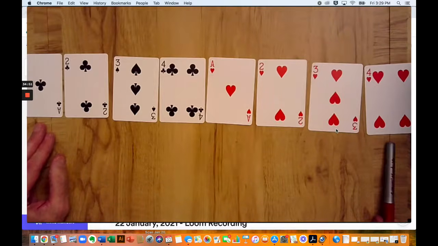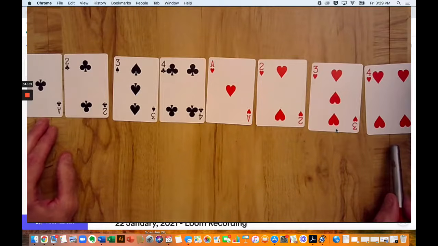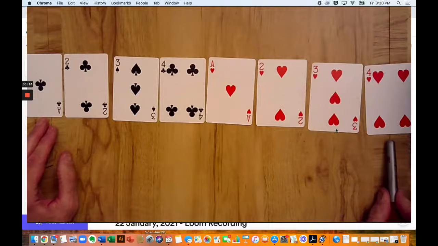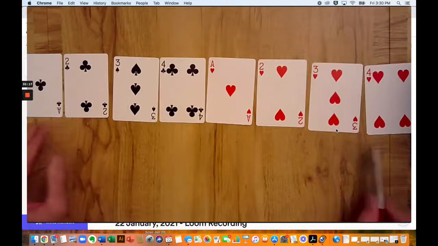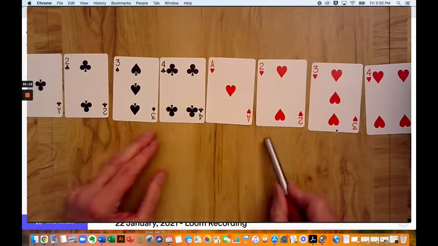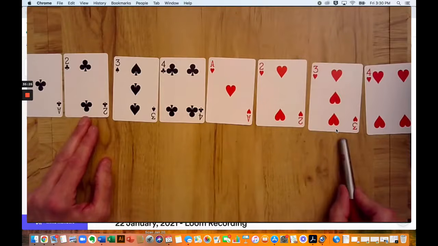Well, there is a fairly easy way of doing that, because if we look at the card in the first position and the card in the eighth position, the values of the cards themselves add up to 5. If we come in, because that's what we do with a mirrored relationship, we just kind of come in equal distance from either end.